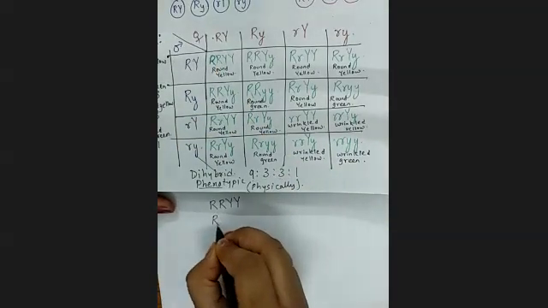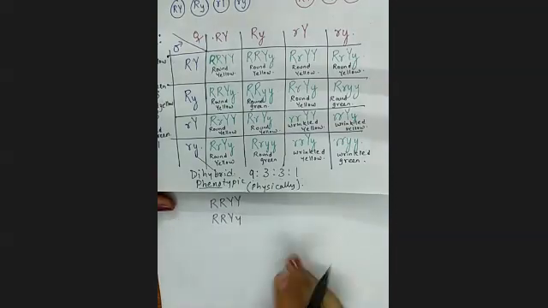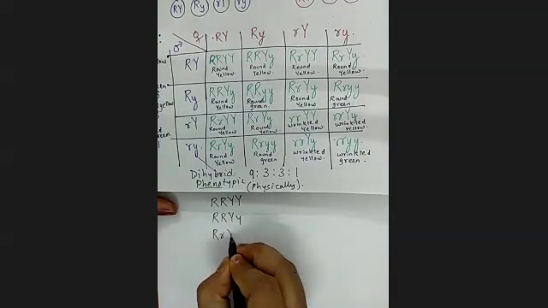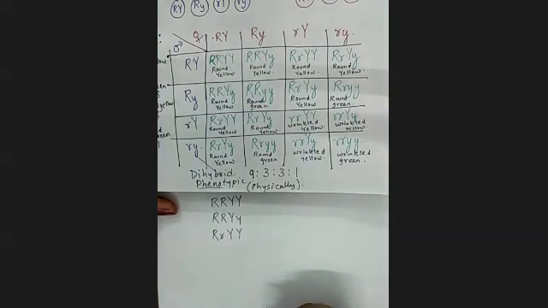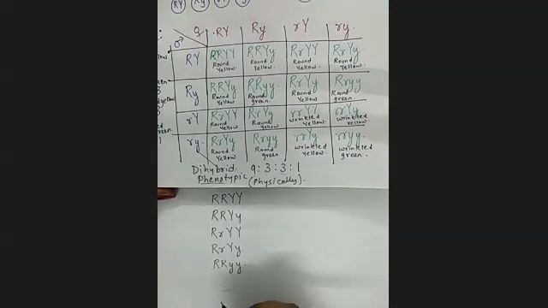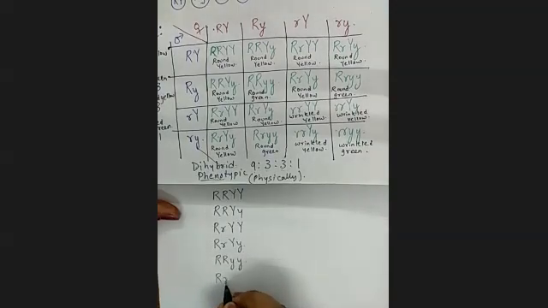Then you can have this type of combination also. You can have this combination also. You can have this one also, or this has also been observed. Then this was also observed. Then I think what is left.